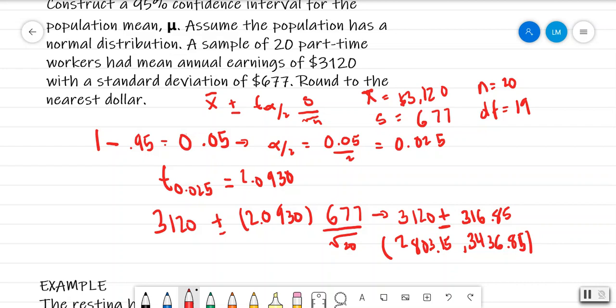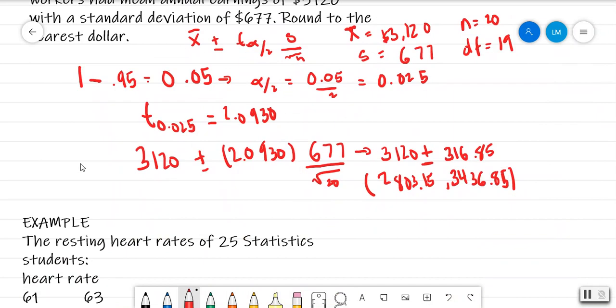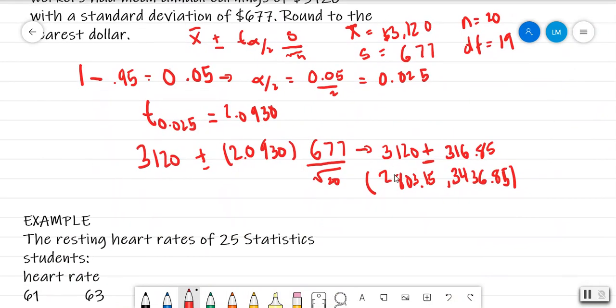Since it said to round to the nearest dollar, that means the average earnings is between $2,803 and $3,437.